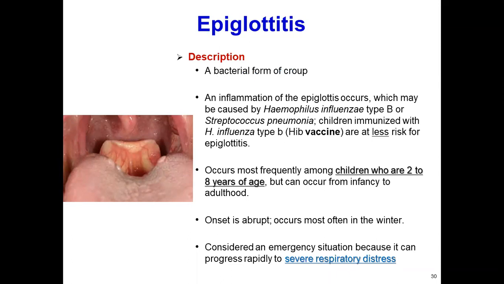So you see the picture, this is the base of the tongue. Up there is an organ called the epiglottis. The normal function of the epiglottis is that it opens and closes during the breathing.